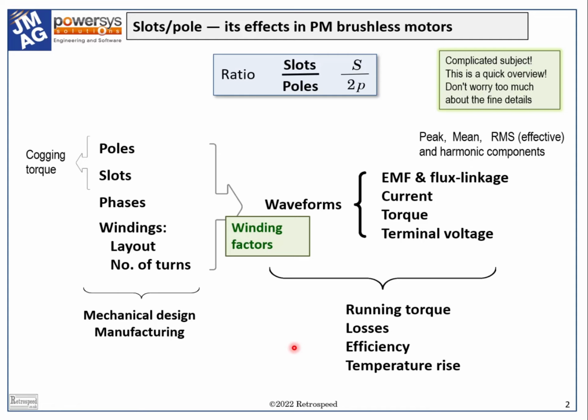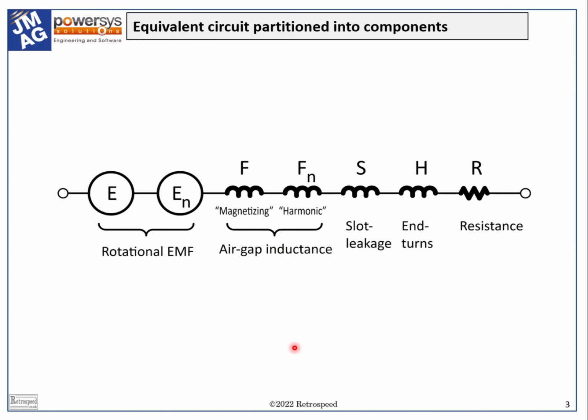But I would like to introduce this video with reference initially to the equivalent circuit, and this is a concept of the equivalent circuit of one phase of a synchronous machine such as the IPM. We see the generated EMF with its fundamental time harmonic component and its other harmonic components, which have orders which may be both higher and lower than that of the fundamental.